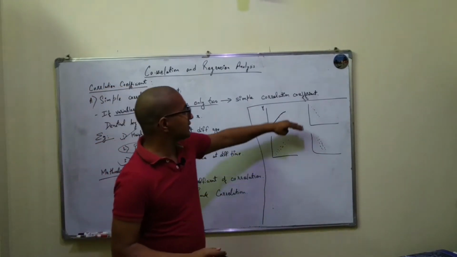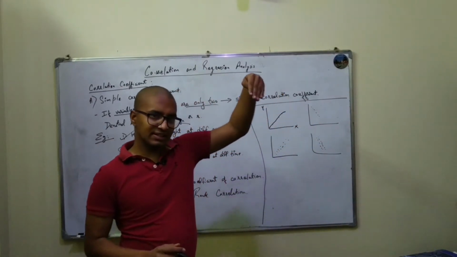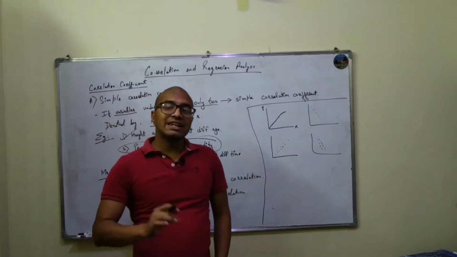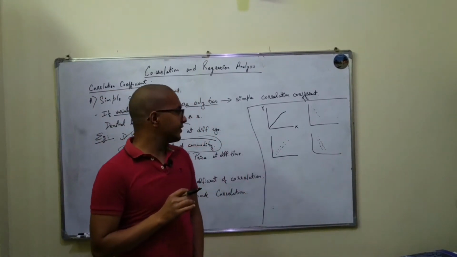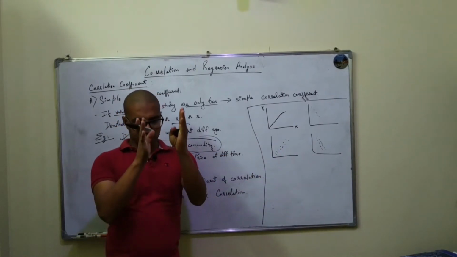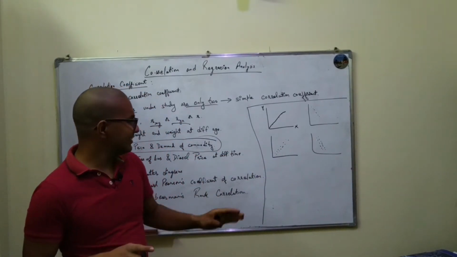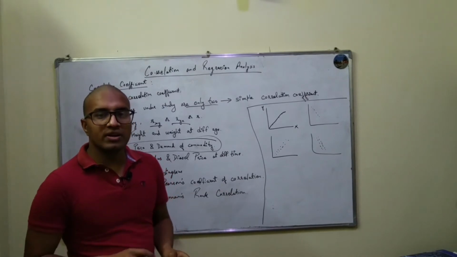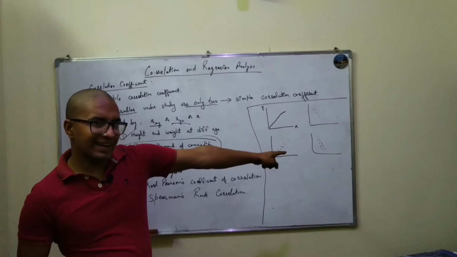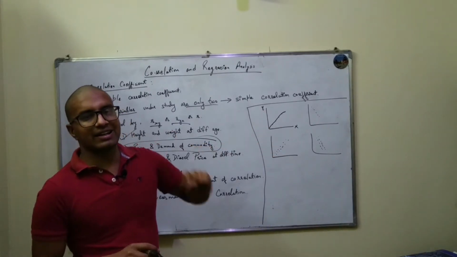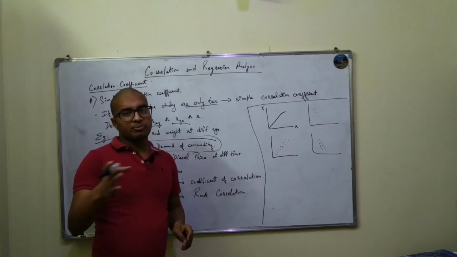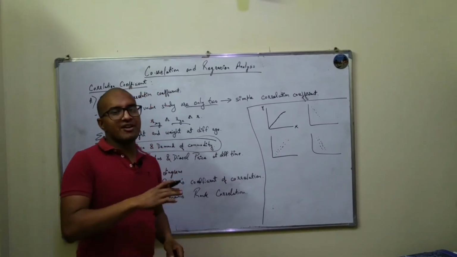If the line goes downwards in a straight line, it is perfectly negatively correlated. If the points are scattered around a line rather than perfectly on it, then it is highly correlated, and a negative correlation will look like the opposite. So the scatter diagram is just plotting on your x and y axis.